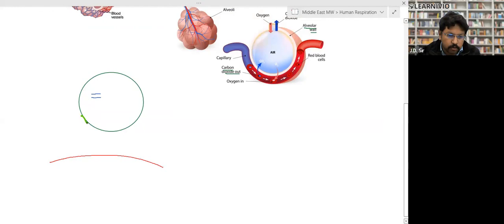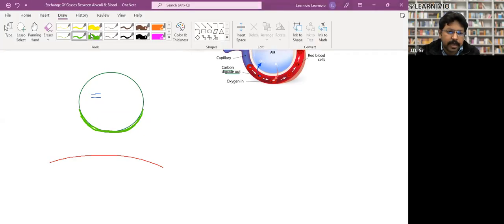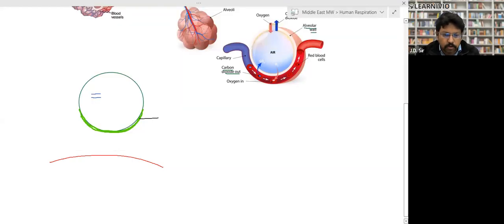Outside of this alveoli, there is a membrane. I will call this membrane a basement membrane around the alveoli. So this is called the basement membrane.